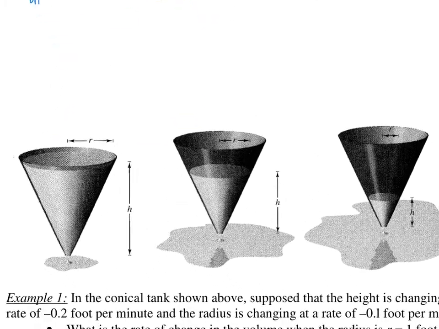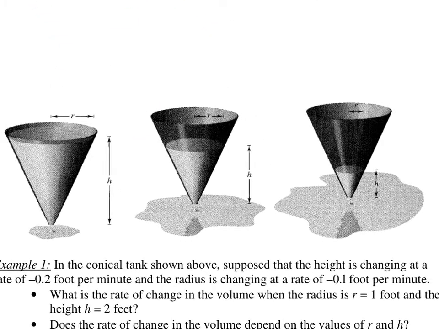Here's kind of a time-lapse picture of this water draining out of this, and you can see here, when our cone is full, the radius is this and the height is this, okay? But when it's down here, the radius is smaller and the height is also smaller.